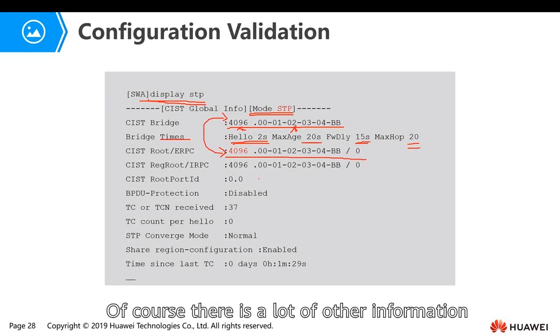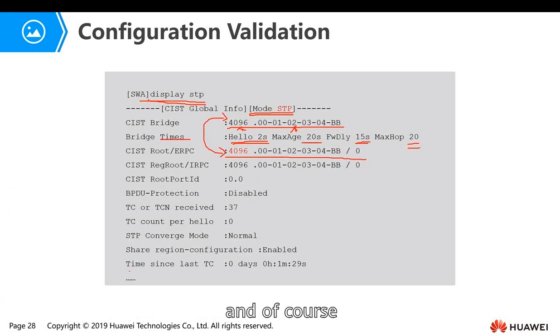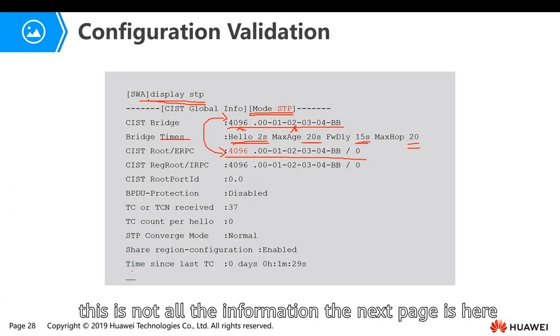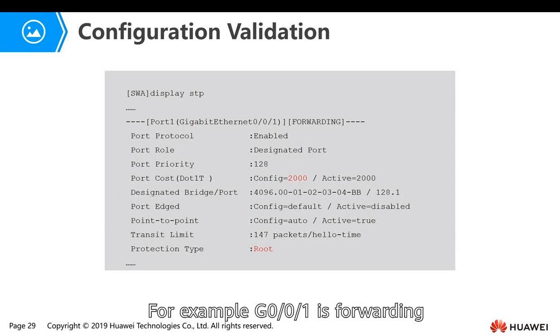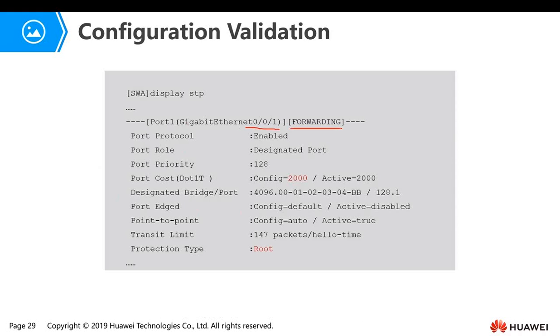Of course, there is a lot of other information, and this is not all of it. The next page is here. STP also lists all the interfaces that are running STP and the state of each interface, for example GE0/0/1. GE0/0/1 is forwarding, and the port role is a designated port.